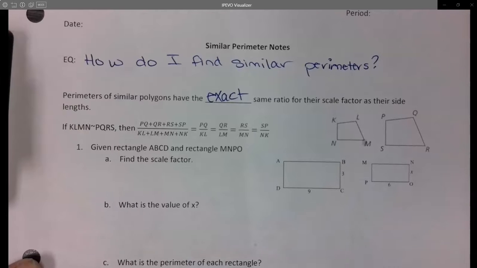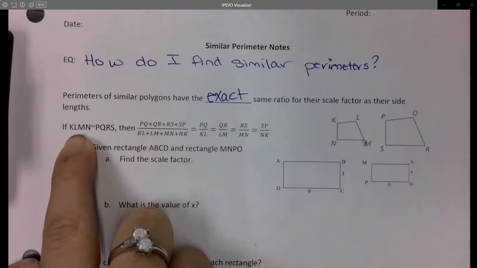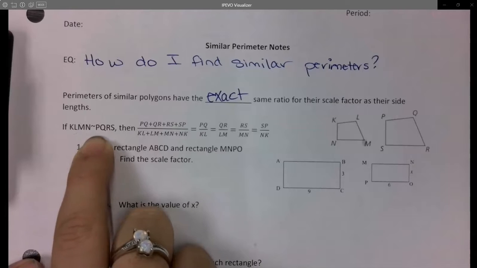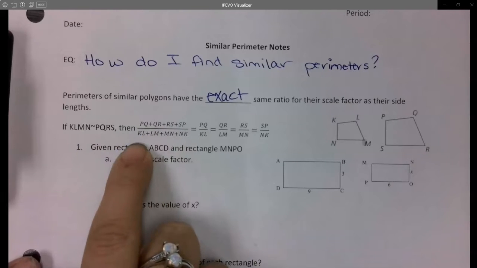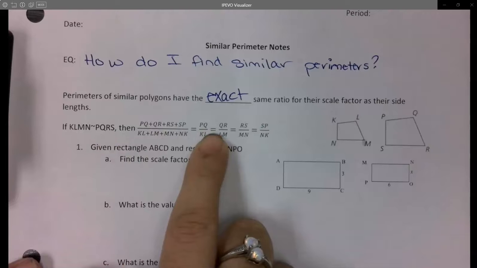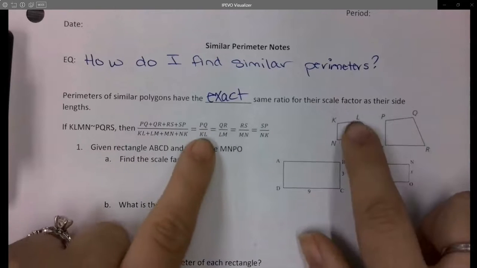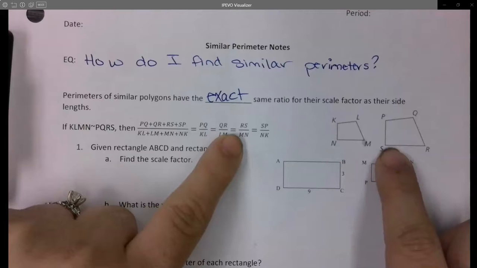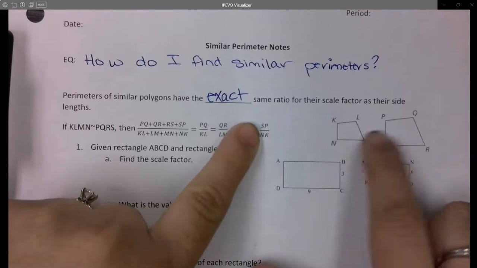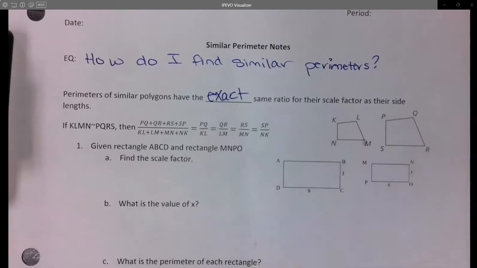Okay. So if I'm told that the shape KLMN is similar to PQRS, then if I add up all their sides, it would be similar to just PQ to KL over QR to LM. RS is similar to MN, and SP is similar to NK.